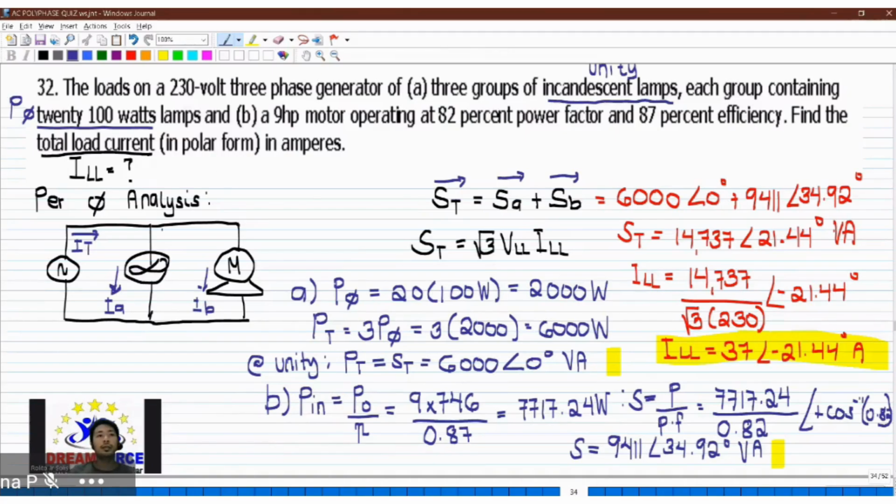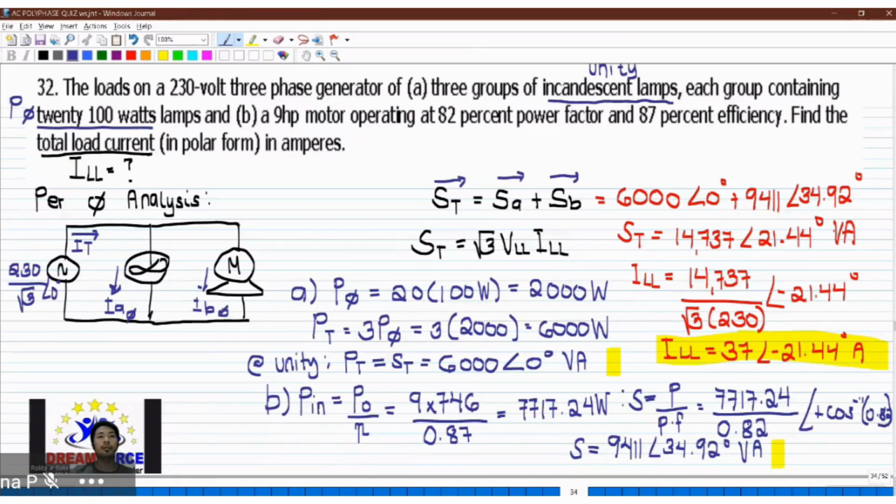Kunin mo si IA. So paano kunin si IA? Using this one, parallel yan, kaya yung voltahe nito parehas lang din sa 230. Pero dapat naka-per phase value ka dito. Assuming Y, so 230 over square root of 3. Kunin mo yung IA per phase, tsaka kunin mo yung IB per phase.